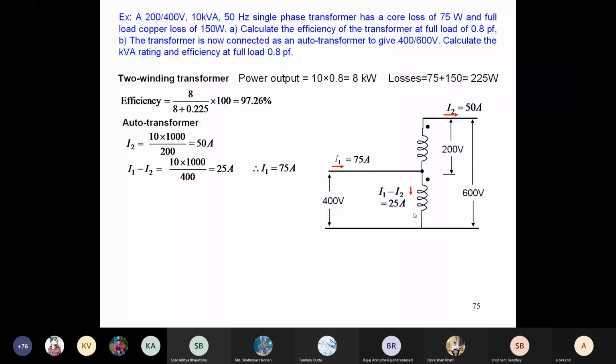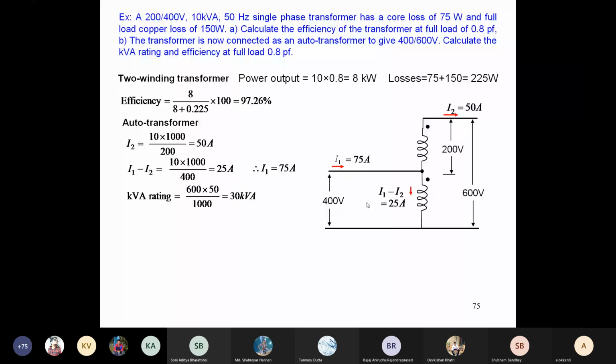What is the kVA rating of the auto transformer? 30 kVA. In the secondary, 600 into 50 is 30 kVA. Similarly, for the primary, 75 into 400 also gives 30 kVA.